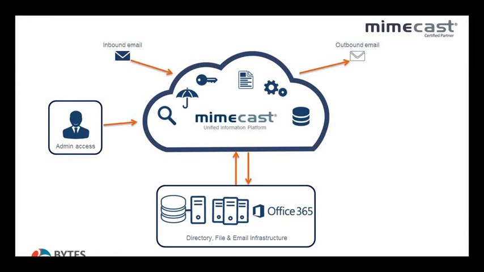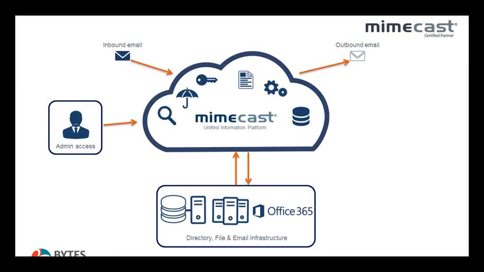Once Office 365 says yes, I accept that message, or no, I don't accept that message, a copy of that message will be written simultaneously to 3 dedicated information stores for you as a customer. So every single message on the inbound route will be written immediately to 3 information stores.